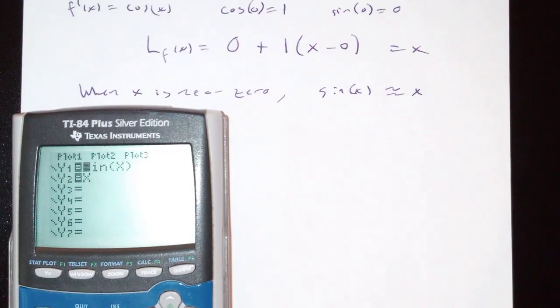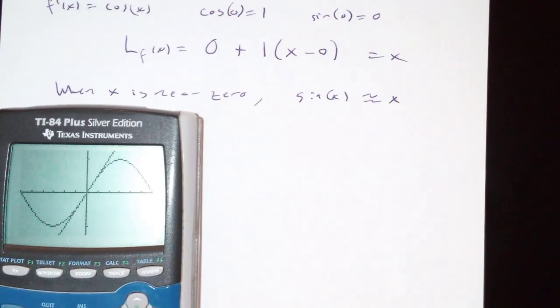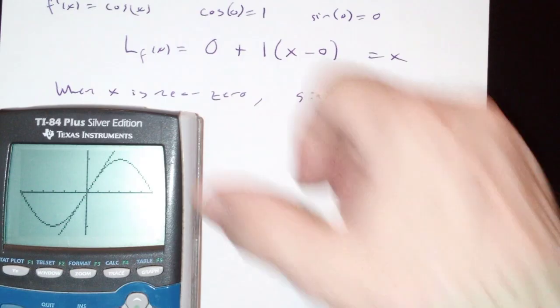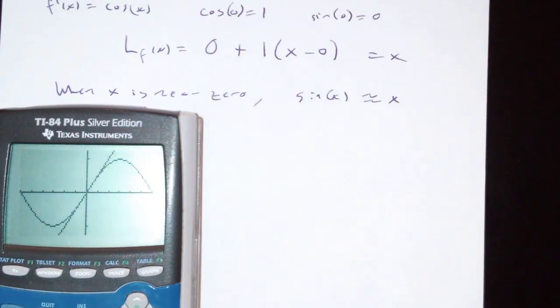If I graph these, from here to here, it looks like those are exactly the same, doesn't it? Why in God's earth would I need this piece of information?